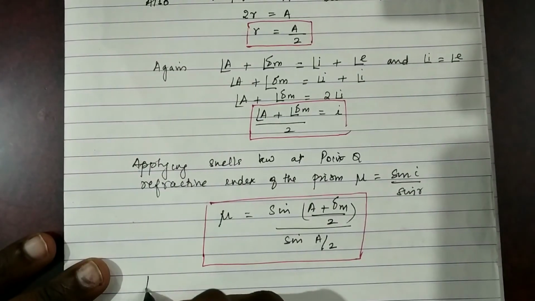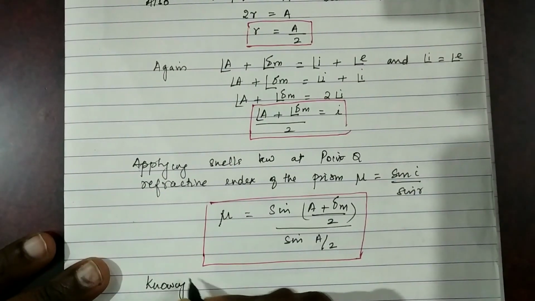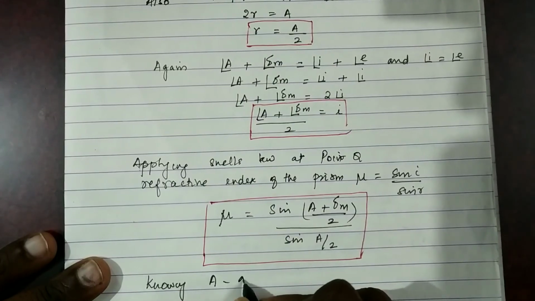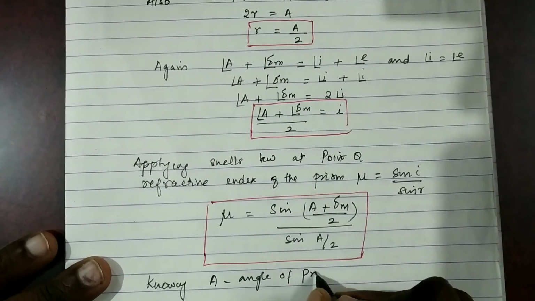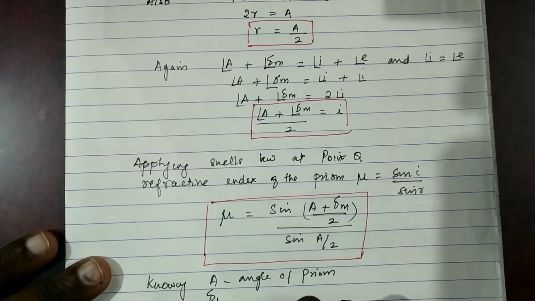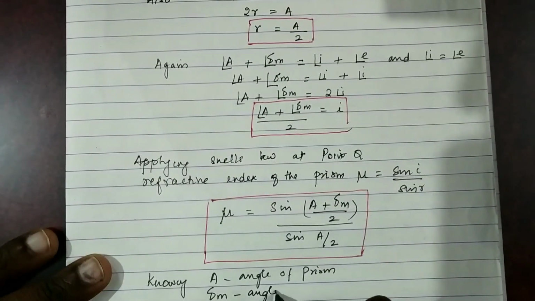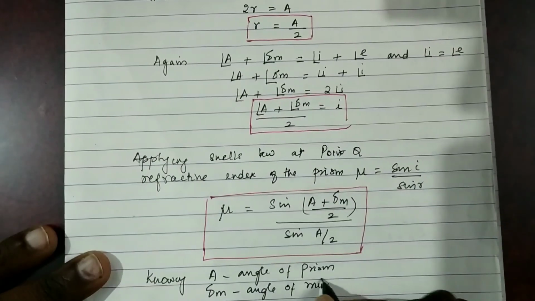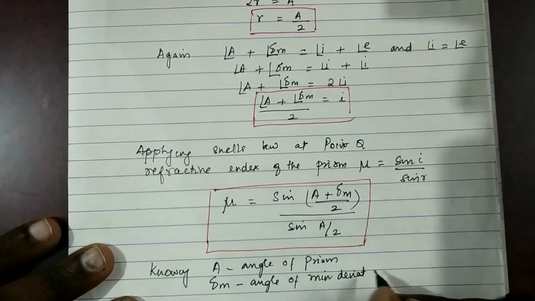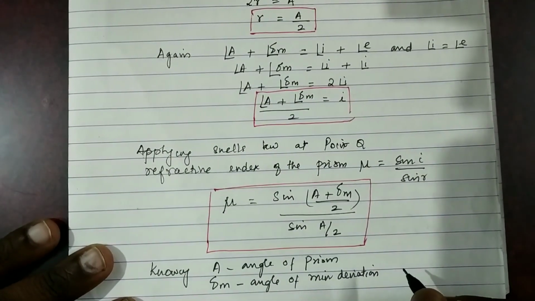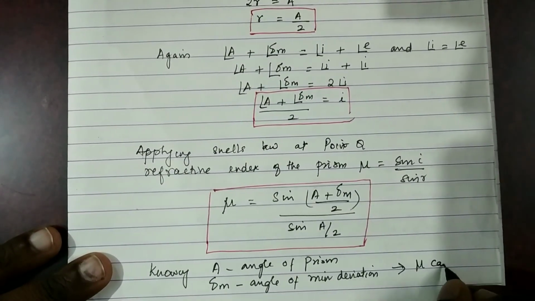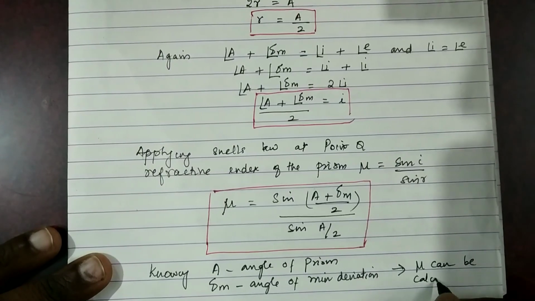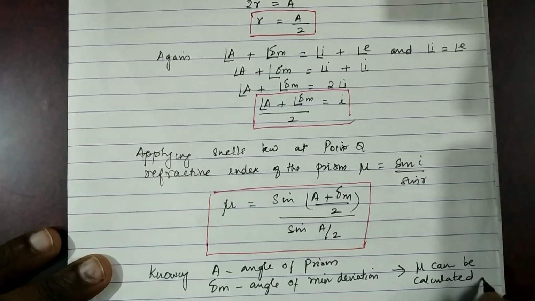So, knowing A, the angle of the prism, and delta M, the angle of minimum deviation of the prism, mu can be calculated. We can calculate the refractive index.